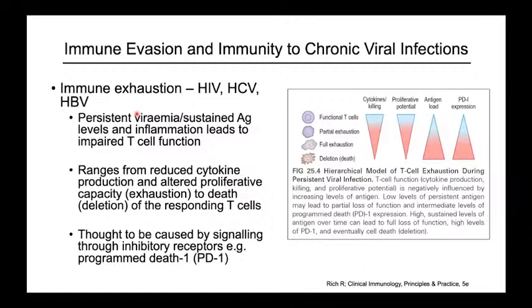So you either get reduced cytokine production of these T cells, or they just become functionally exhausted. They can't proliferate anymore, even if they're being exposed to cytokines. And some can actually now undergo deletion. They die, okay? Just because of this persistent antigen load and persistent inflammation that is there.